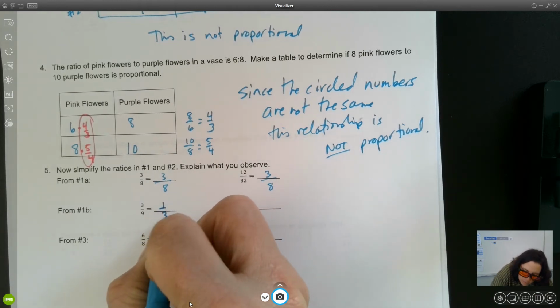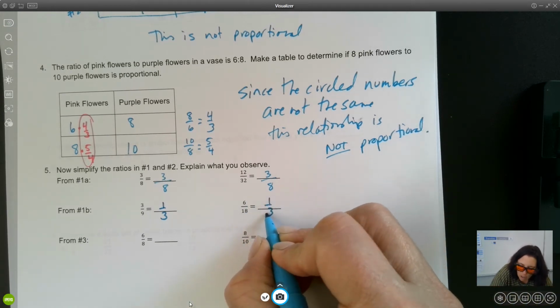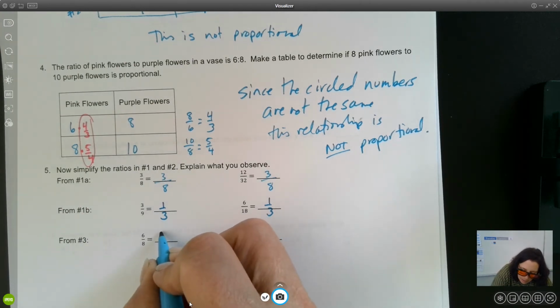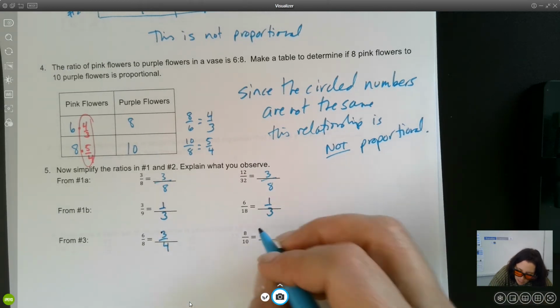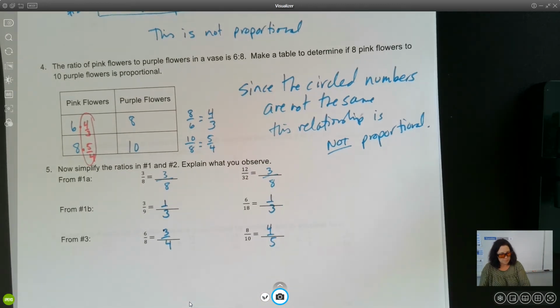3/9 would simplify to 1/3. 6/18 also simplifies to 1/3. They are proportional. This guy, 6/8 would be 3/4. This guy would be 4/5. Nope, they're not proportional.